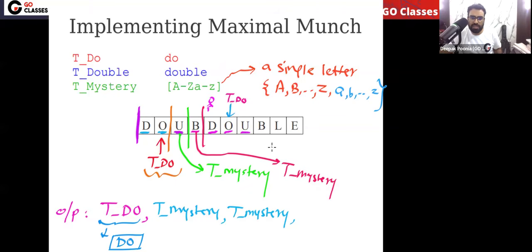So you will read this character, D, O, U. Now who is in the race? Only this double token is in the race. Then you will read this B, still the double token is in the race. Then you will read this L, still in the race. Then you will read this E. Now the double token is also completed, or I can say now the double token is also matching.